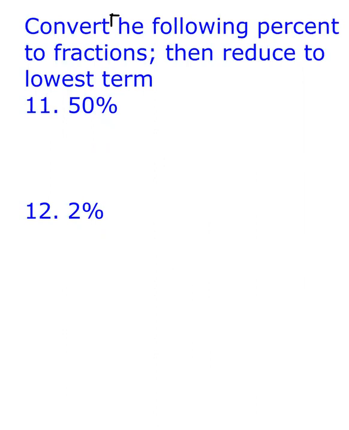So we're going to go ahead and get rid of the percent and put the number 50 over 100. That's basically how we convert percent to fraction. And we can go ahead and reduce this fraction by 50. And we get 1/2.